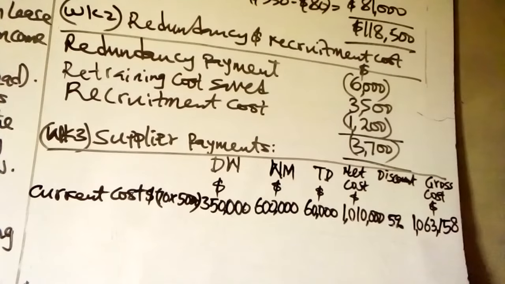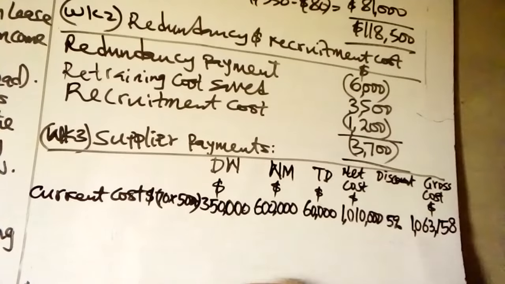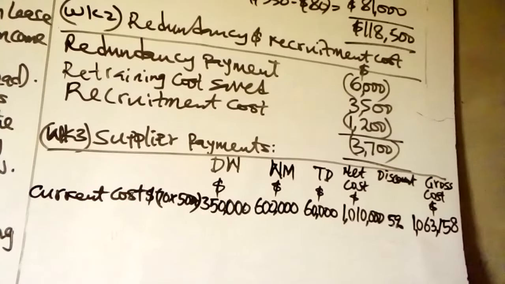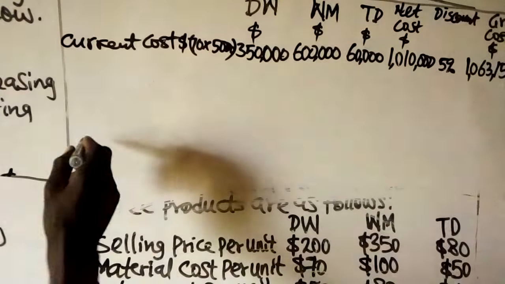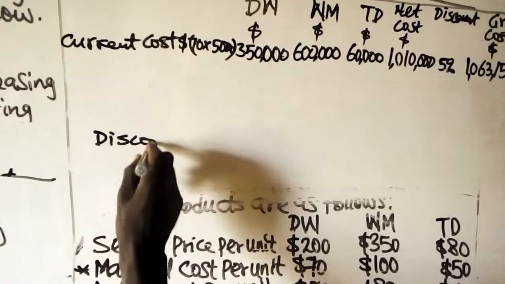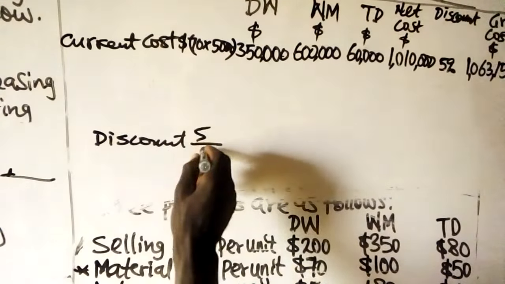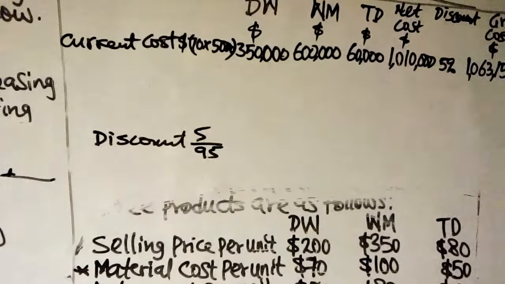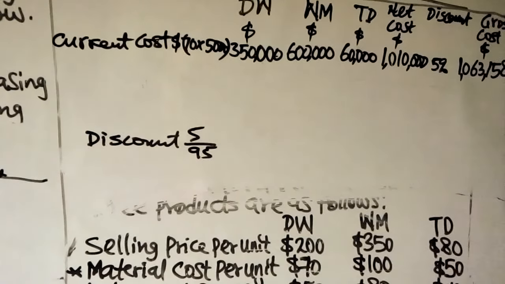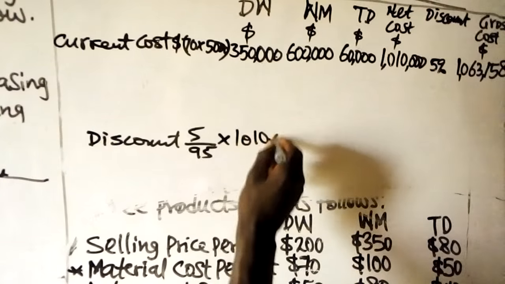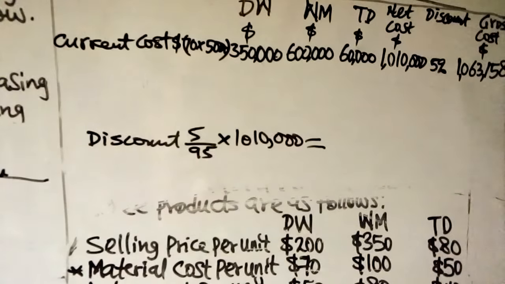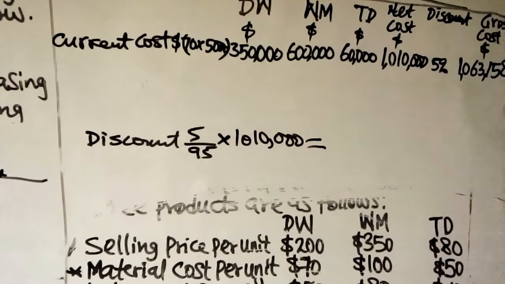What I've done is 5 over 95 times 1,010,000. Because that discount has been deducted, this amount is net.